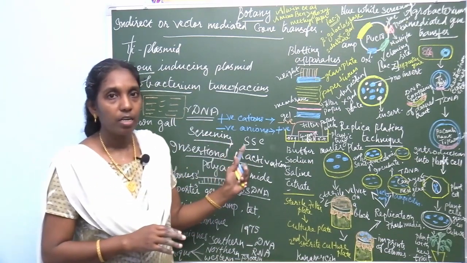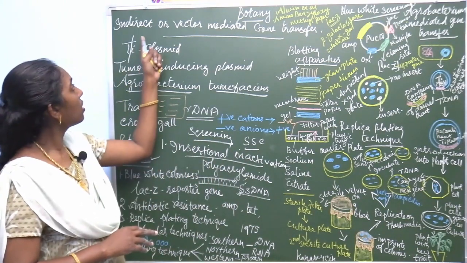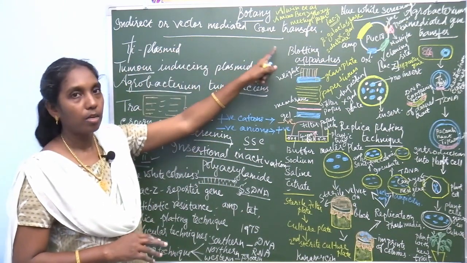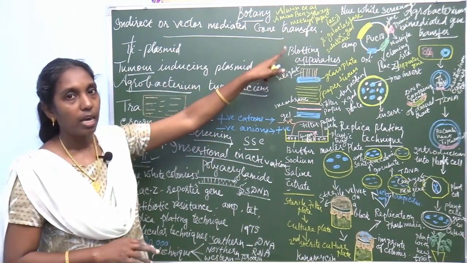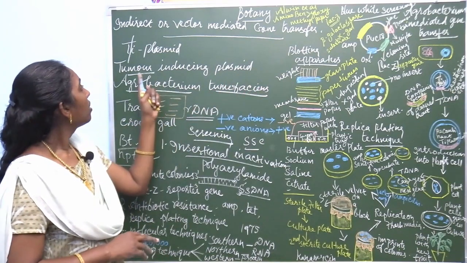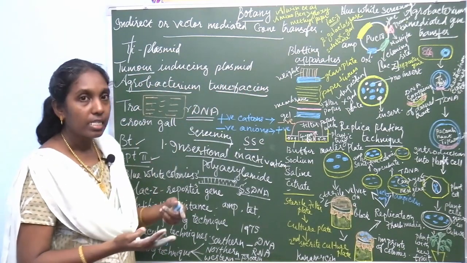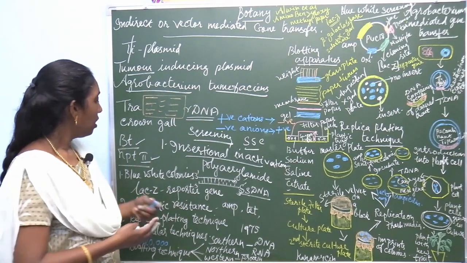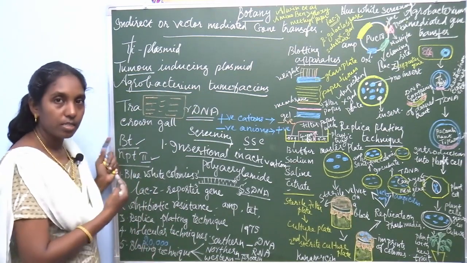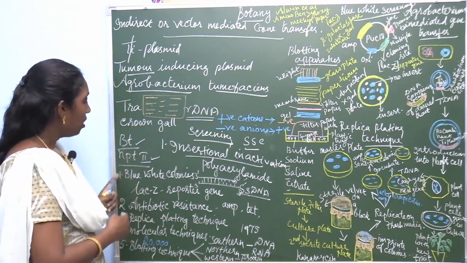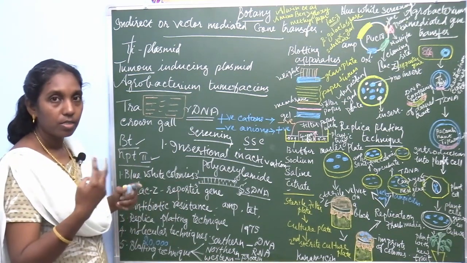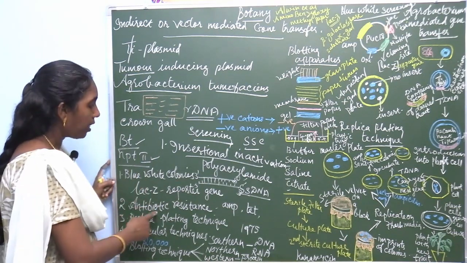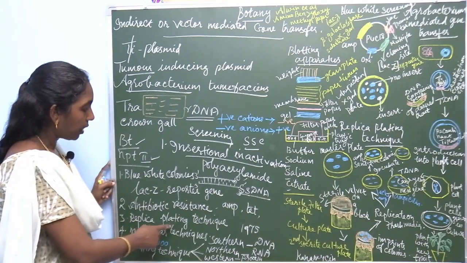Once again, let us recall what you learned today. First is indirect or vector mediated gene transfer, for example Ti plasmid. Then screening, with different techniques: blue-white colony selection, antibiotic resistance, and replica plating.